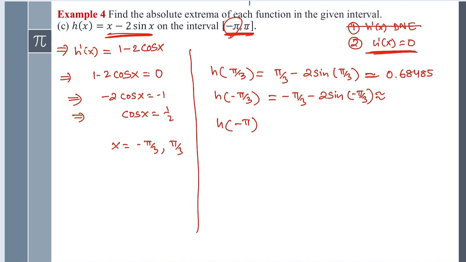At negative pi over 3, it should be 0.68485, and actually the first one should be negative. So it should be negative at pi over 3.